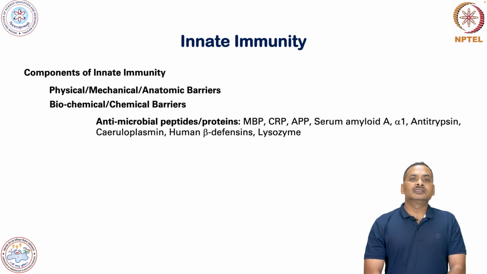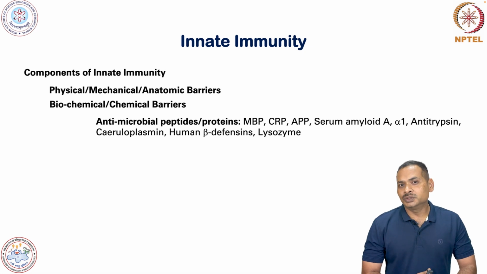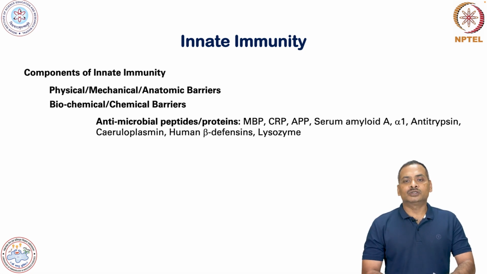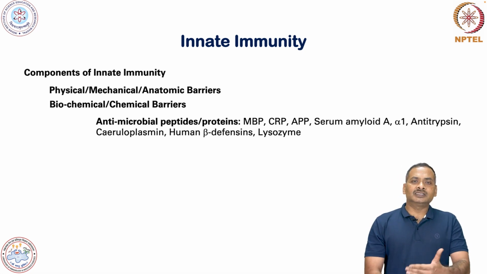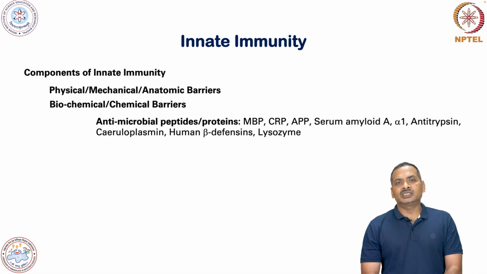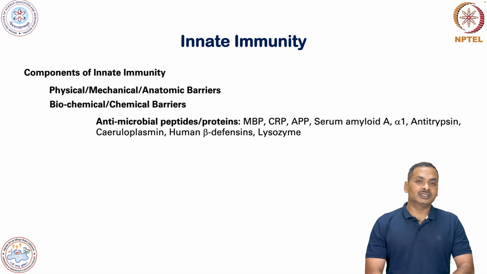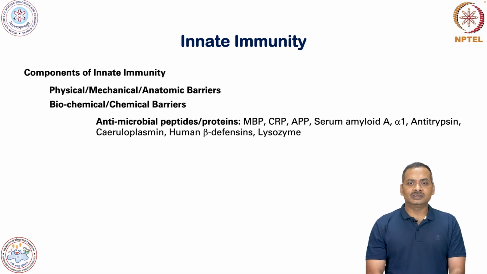There is CRP, C-reactive protein, which is also produced in order to defend against microbial pathogens. There is APP, the acute phase protein, which is mainly synthesized by the liver, and these proteins also defend against microbial invasion.